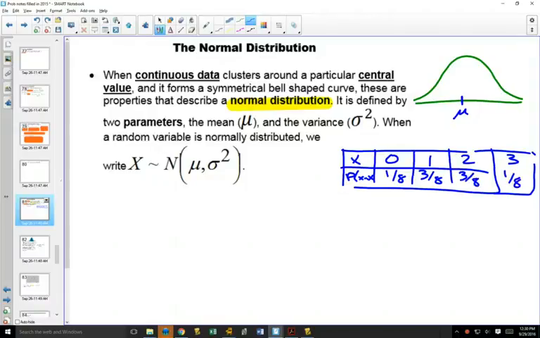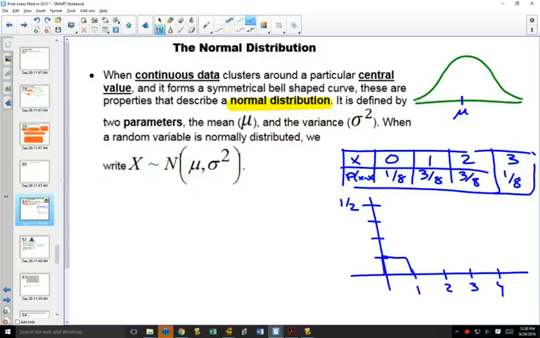If we drew a graph to show these probabilities, I put my scores here, 0 to 1, 1 to 2, 2 to 3, 3 to 4, and I put my probability up here, going up to 3/8, so I'm going to put 1/2, or 4/8. From 0 to 1, the probability is 1/8. To get 1, the probability was 3/8, then 3/8, then 1/8.